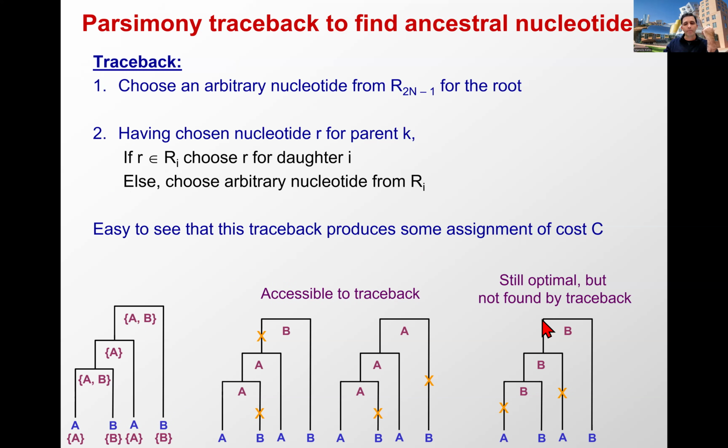So I could have gone B all the way and then just changed into an A once and an A twice in this particular scenario. This is equally optimal. It's still only 2 events where the ancestor was a B, but it's simply not accessible to the union intersection approach because it doesn't look ahead, okay?